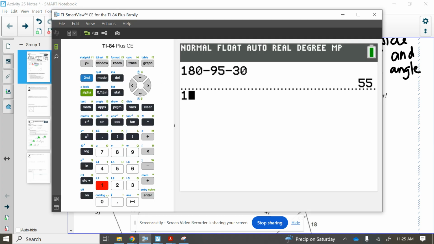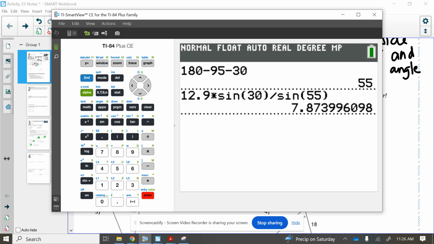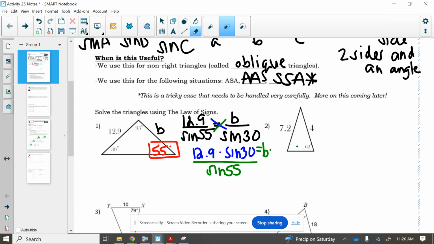So again, we can type that in all as one thing, 12.9 times sine of 30. Make sure you close your parentheses and then divide that by the sine of 55. If you do not close your parentheses after that sine of 30, you will get the wrong answer. You should get 7.9 as the value for B. So B equals 7.9, and that'll be this side here.